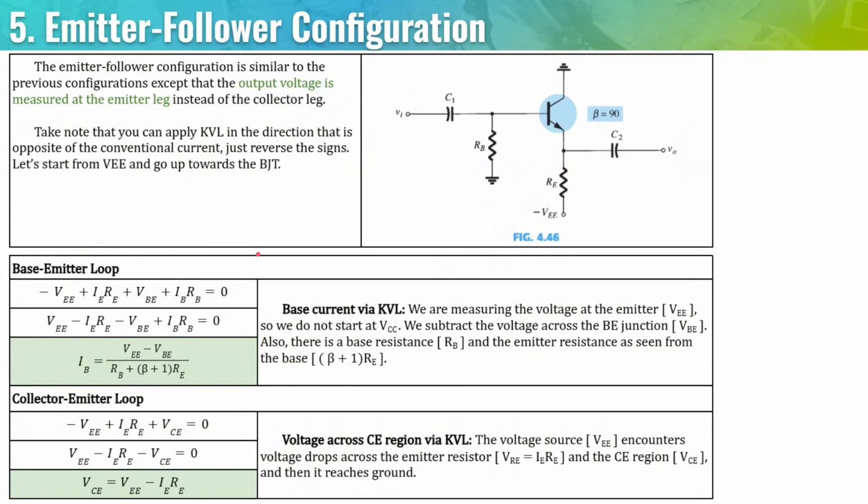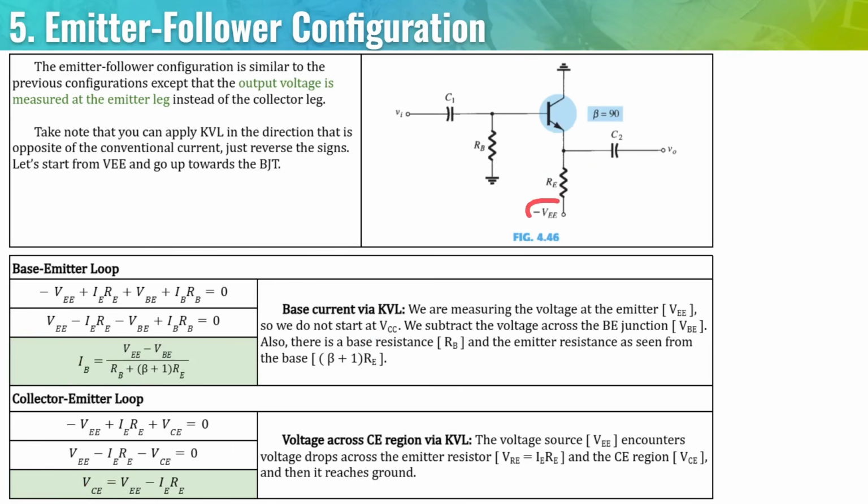Now for the collector emitter loop, the first KVL here: VEE plus IERE plus VCE is equal to 0 if we're going in this direction. If you flip all of the negative signs, you're going to end up with this one. Whichever one you are using, you should know that VCE is equal to VEE minus IERE.